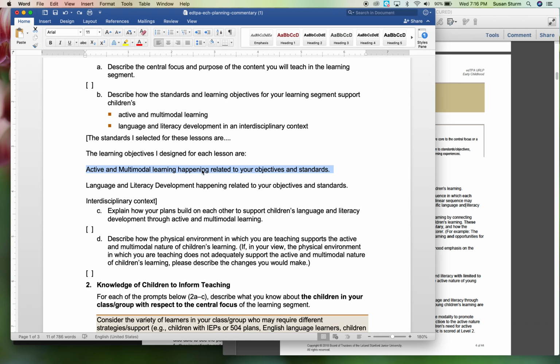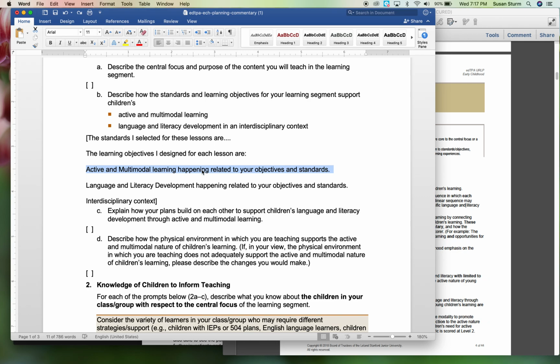So the active and multimodal learning that's happening related to those objectives and standards might be: the standard I selected was a writing standard about using descriptive language, and I had the students be active and multimodal in that learning in lesson 2, where my objective was that students would play a game that matched descriptive words to one of the 5 senses that they had learned previously, and they got to get up and play an active game that allowed them to engage physically.